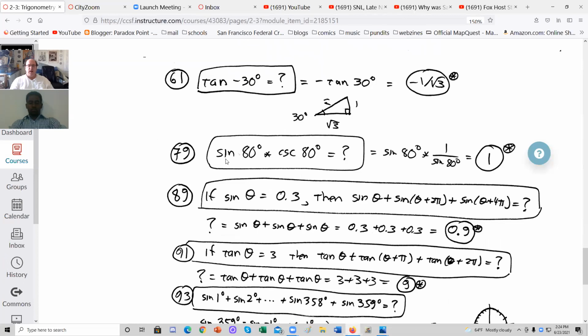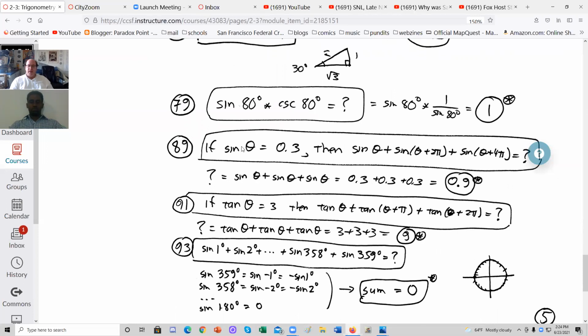Here they ask for sine of 80 degrees times cosecant of 80 degrees. Now I never said what the sine value of 80 degrees is. It's probably a whole lot. But it's all right, because we know that cosecant is 1 over sine, and sine 80 times 1 over sine 80 cancels and gets you 1.